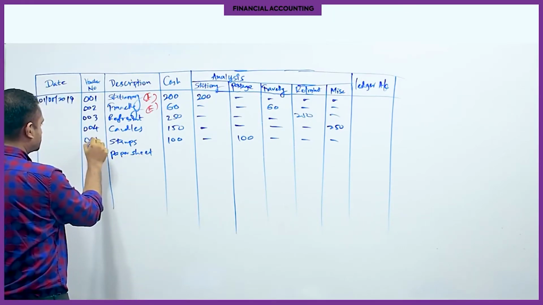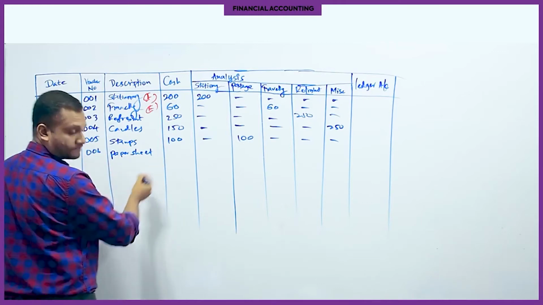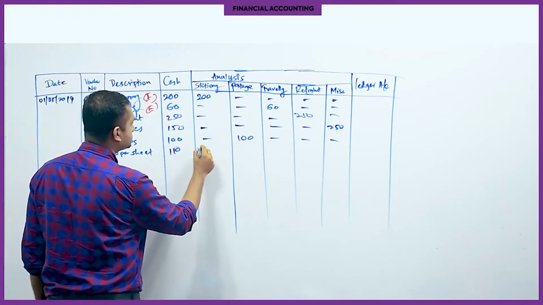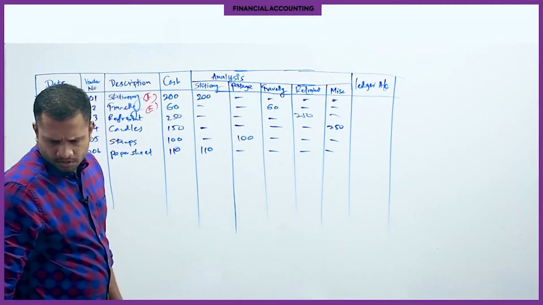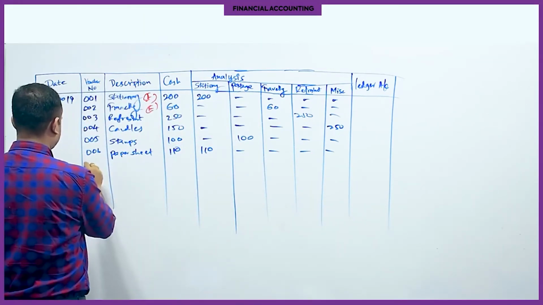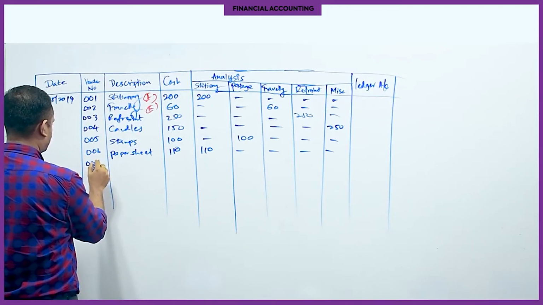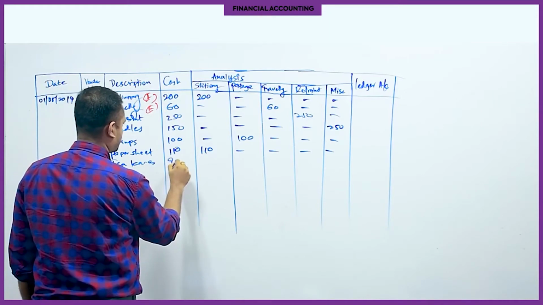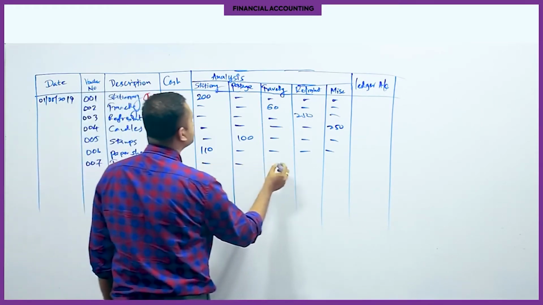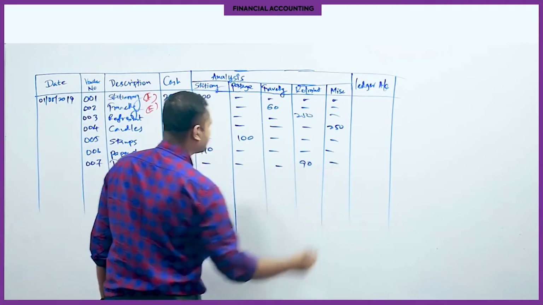Paper sheets means stationery. Tea leaves, 90, should come under refreshment.